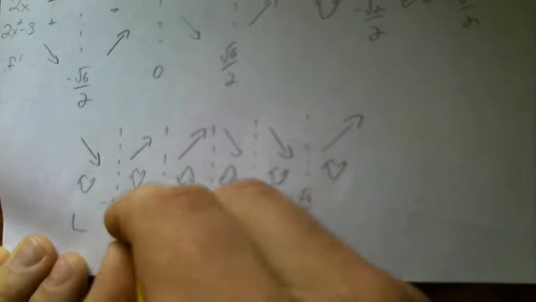So my pieces of my graph will look like this, and I'm just trying to create a little puzzle here. It's going to look like that. Decreasing, concave up. Increasing, concave up. Increasing, concave down. So bend this up.